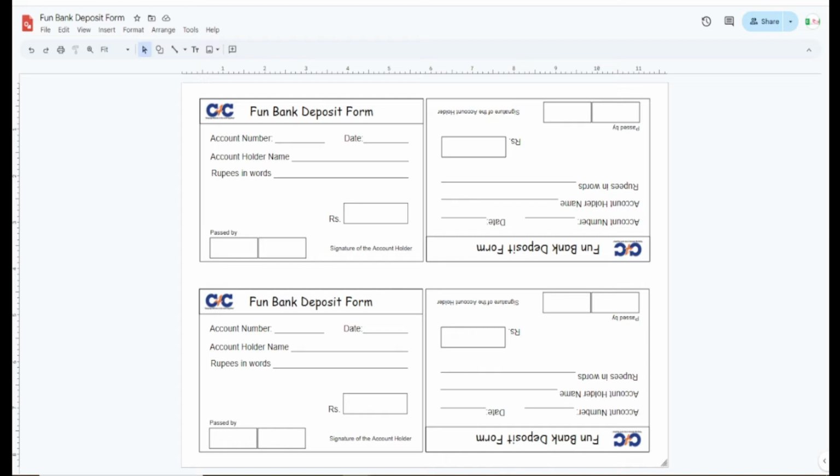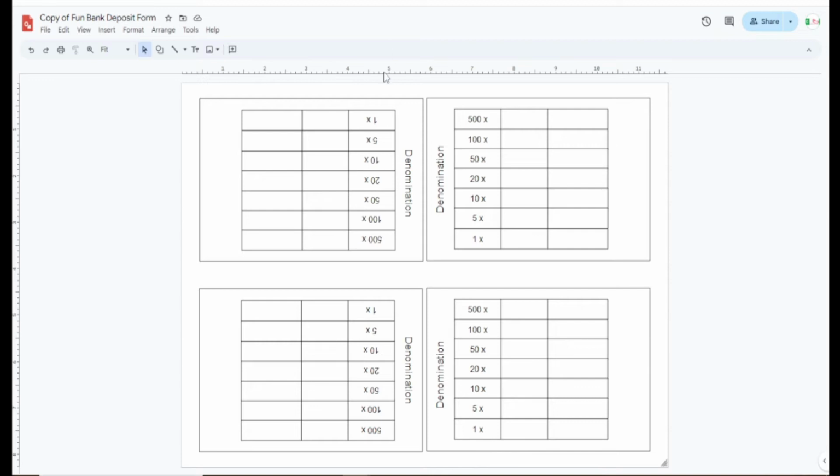So that is the deposit form, right? For the deposit form, there is also something behind the sheet. Right behind the sheet, on the backside, there will be denominations.